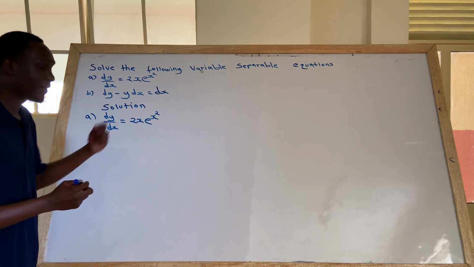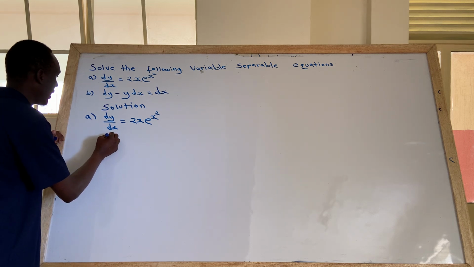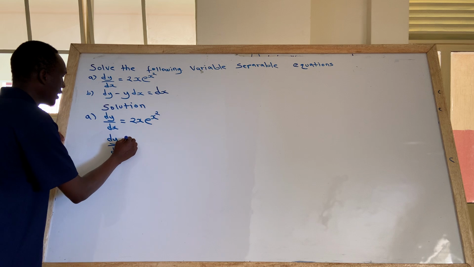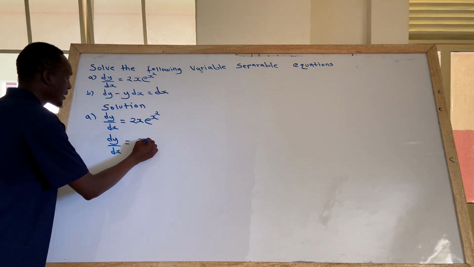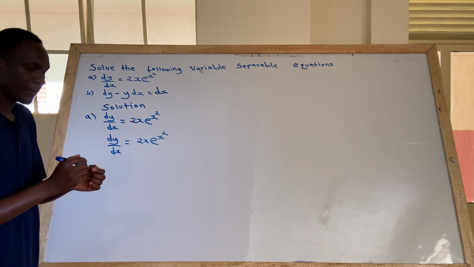Since we don't have anything in terms of y apart from dy, this side will have dy over dx equal to 2x e raised to x squared.